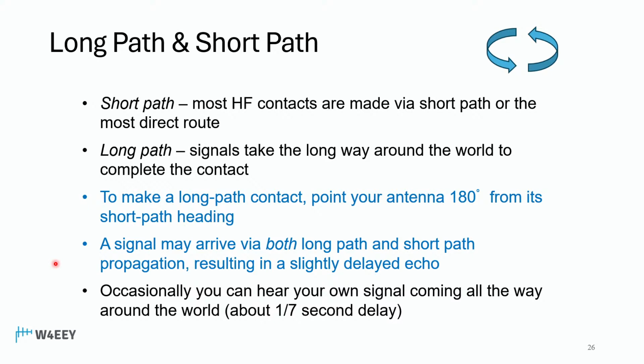A signal may arrive via both long path and short path propagation, resulting in a slightly delayed echo. The reason for the echo is that it takes longer long path than it does short path. The difference would be about 1/7 of a second, depending upon how far around the Earth you were. But occasionally you can hear your own signal coming all the way around the world.